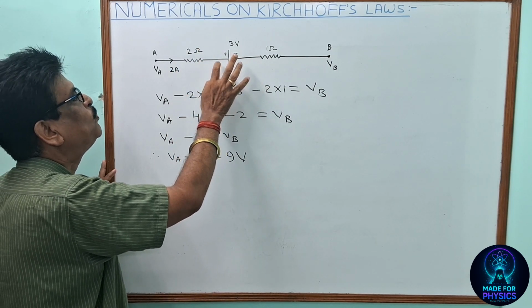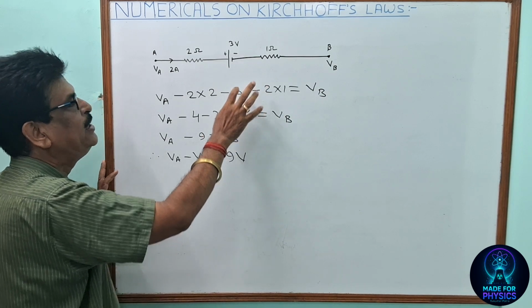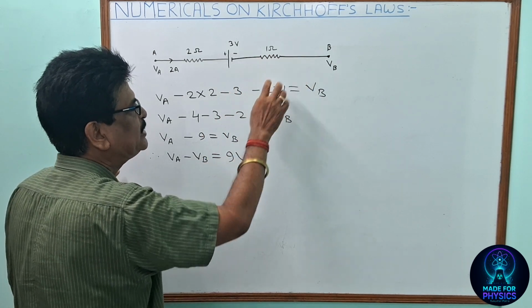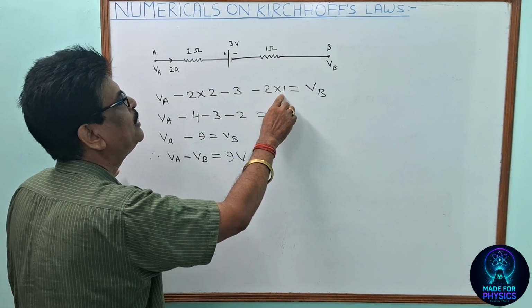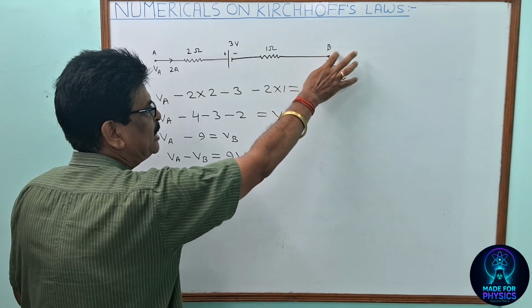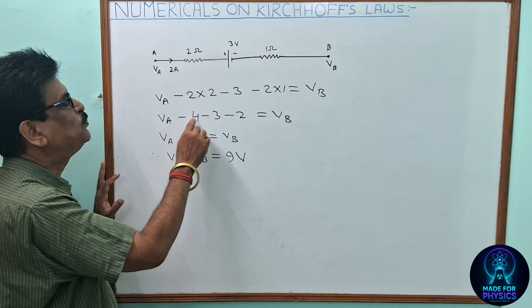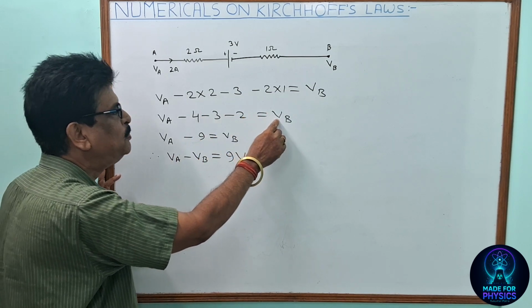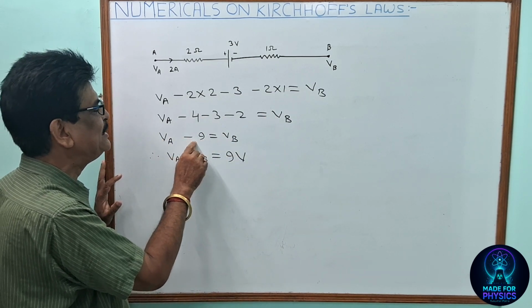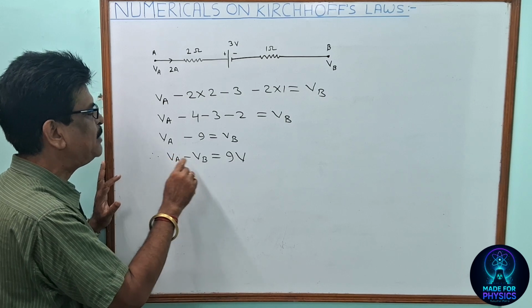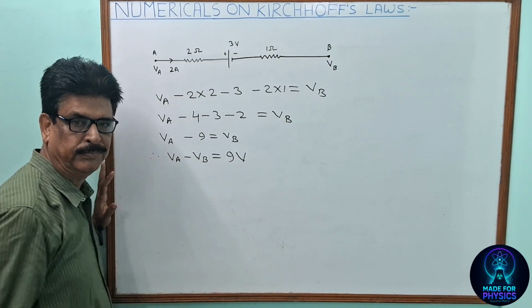Here you are moving from positive to negative, so minus 3. Here we are moving along the direction of current, so minus 2 into 1, and we come to this point, so it is equal to VB. Therefore VA minus 4 minus 3 minus 2 is equal to VB, and therefore VA minus 9 is equal to VB, and therefore VA minus VB is equal to 9 volt.